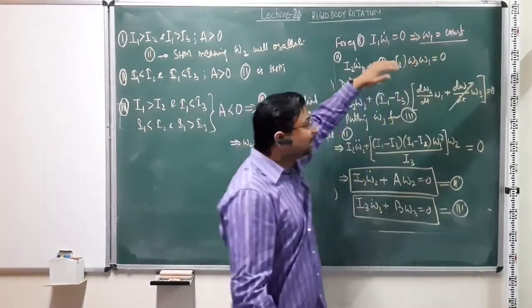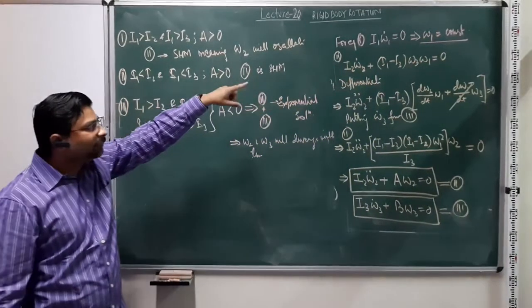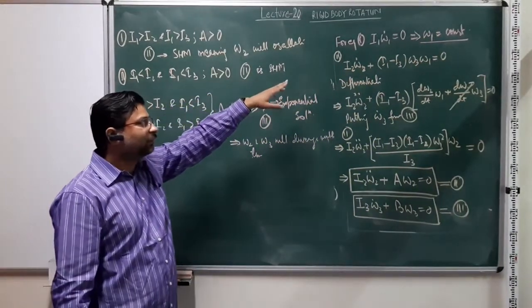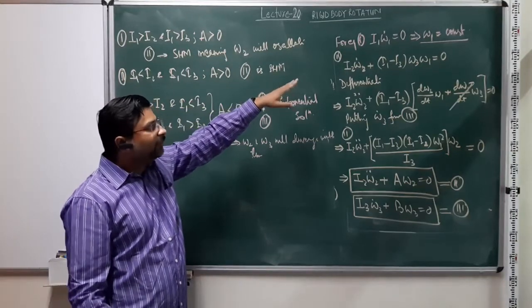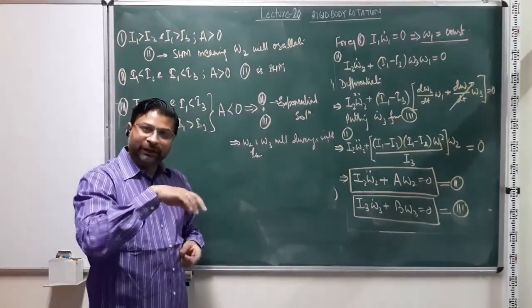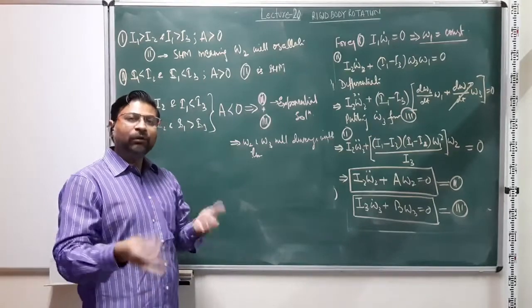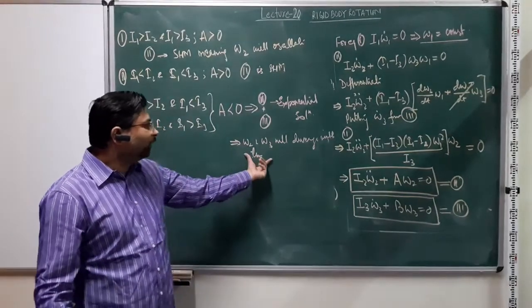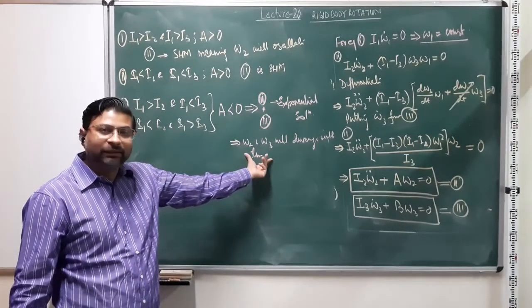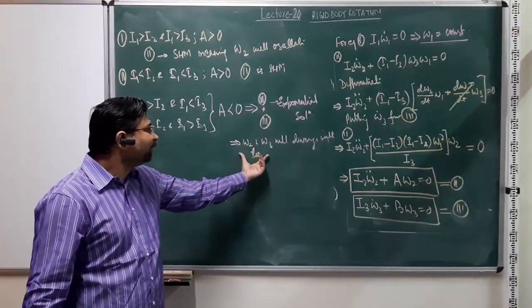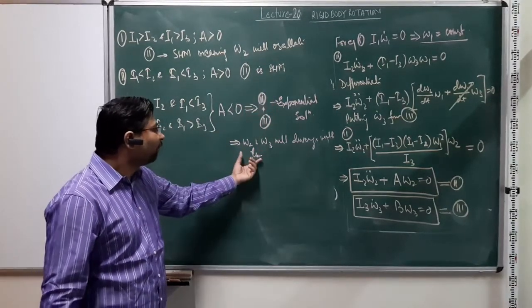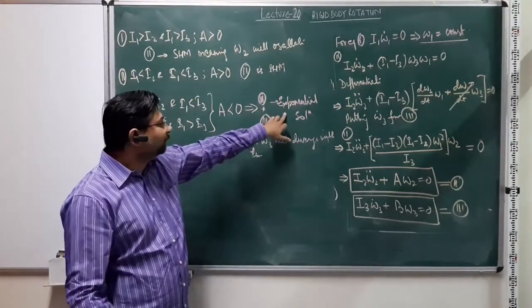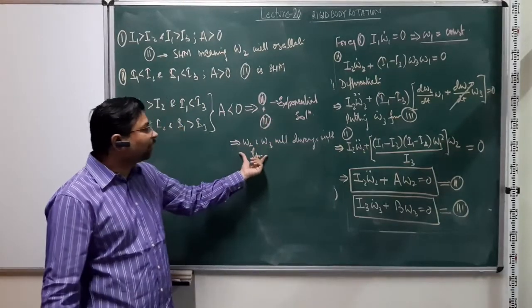Although the motion about that first axis will to begin with be at a constant angular velocity omega 1, the overall motion will have substantial contribution from omega 2 and omega 3. To begin with these are negligible compared to omega 1, but as time progresses, since they have exponential solutions, they will not remain negligible.